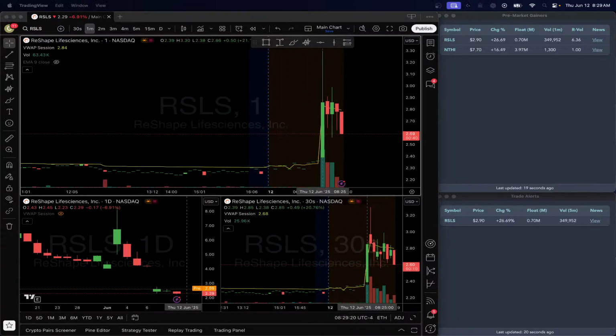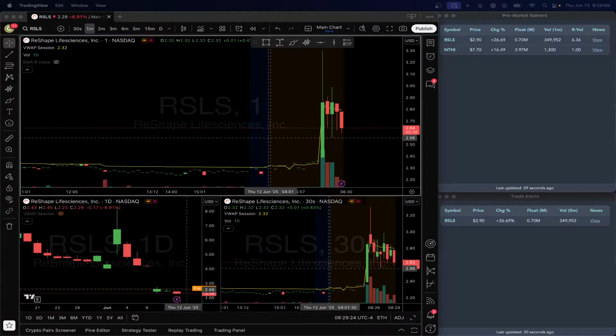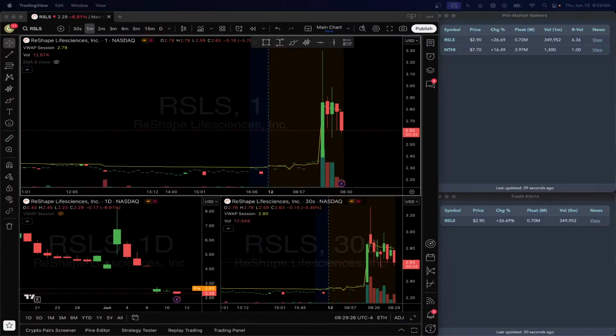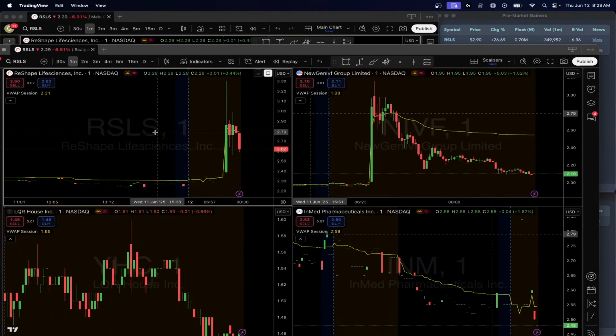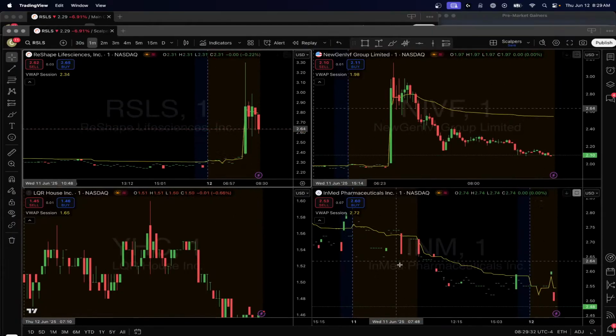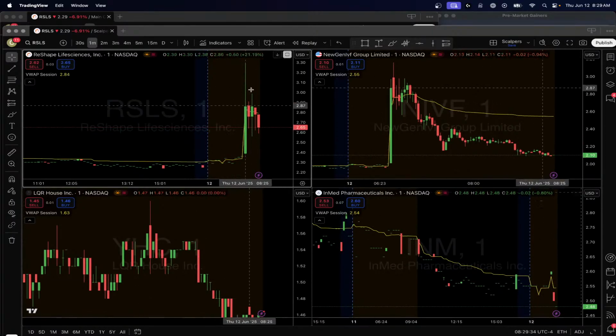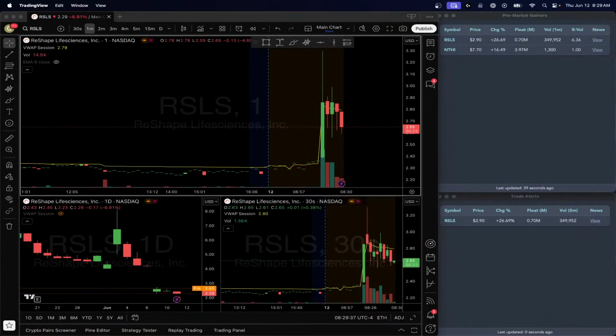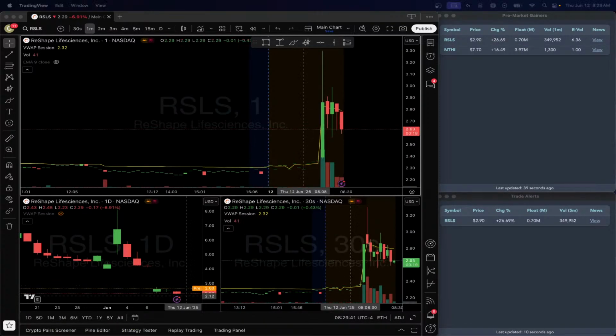So what I'm going to do is put RSLS right here on the other screen, because I mainly keep track of like 4 of them at any one given time. That's what I like to do.